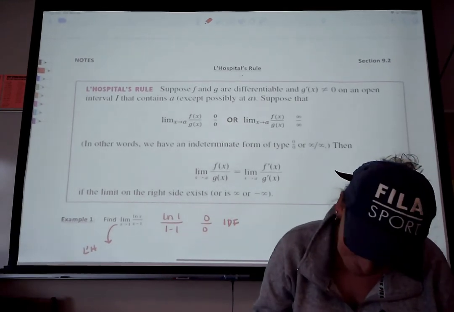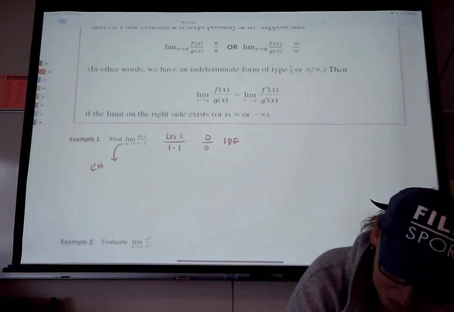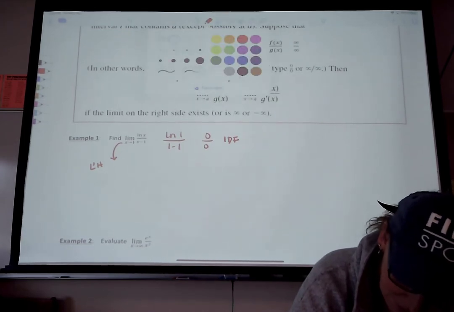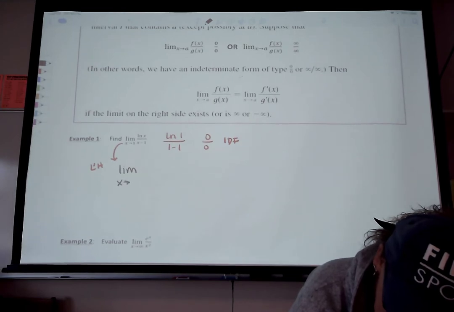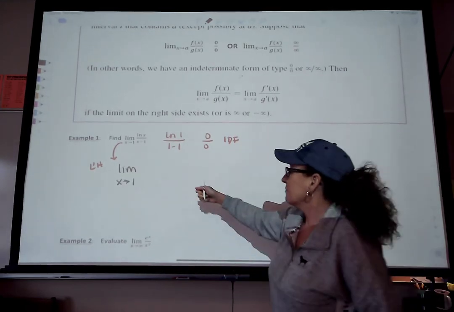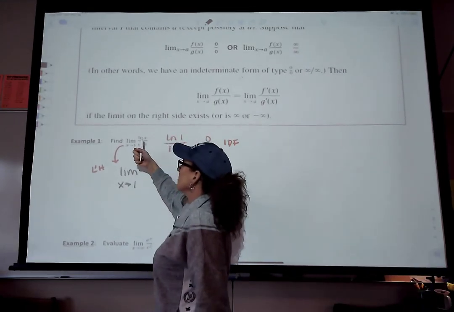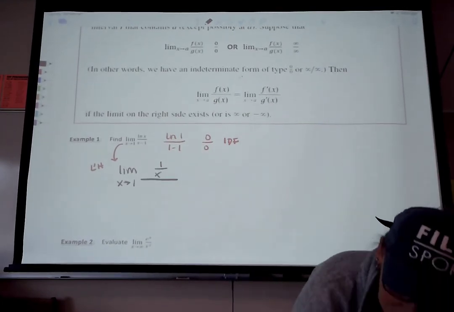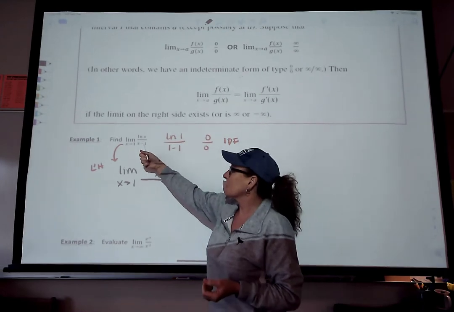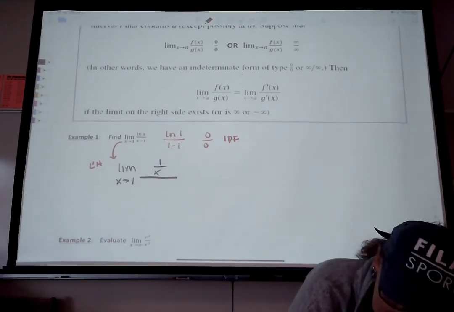Okay, so we're going to do the limit as x approaches 1, and if this is f of x, I want to do the derivative on f of x. And if this were g of x, I want to do the derivative on g of x.